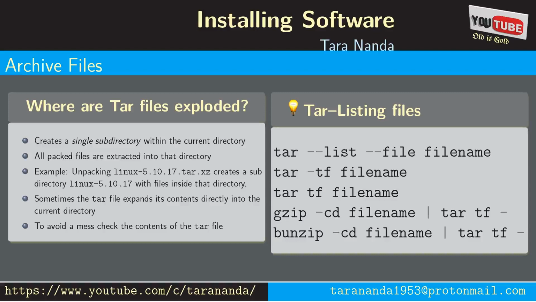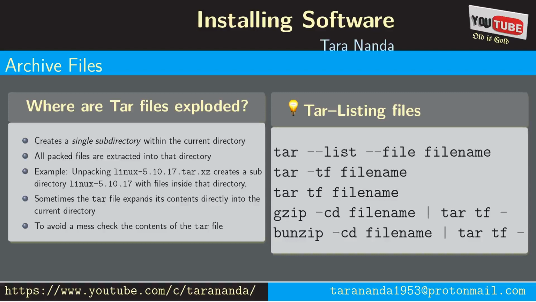And when we run this tar program to extract the tarball, it will create a subdirectory in the folder sources. And all the packed files will be extracted into that subdirectory.